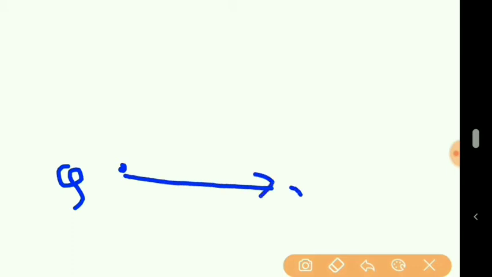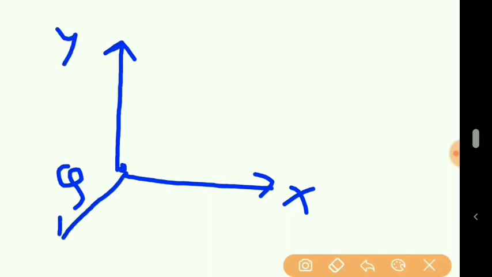Now students, consider a charge Q at this point. Let us consider this as x-axis, this as y-axis, and this as z-axis. If you will not consider this coordinate system, then also it's okay.